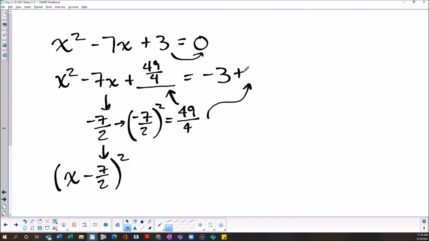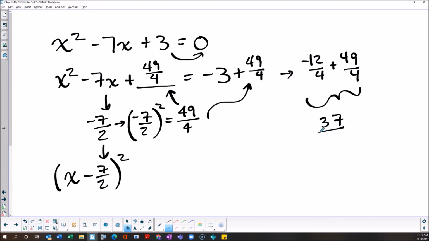And I have to add it to this side. Right? And then you'd have to get a common denominator over here, so 37/4 would be the side over here.